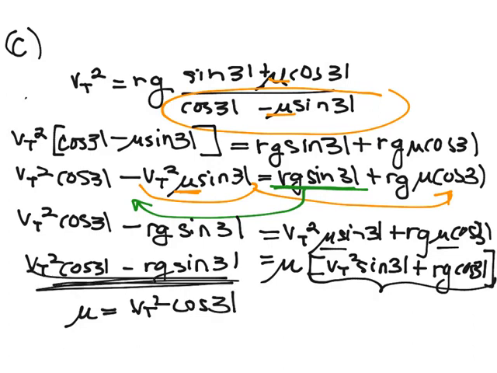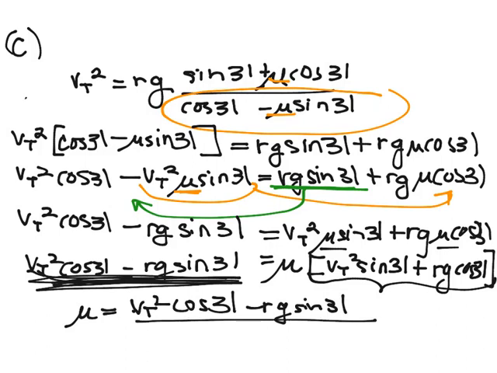What is on the left side will become our numerator, minus rg sine 31, divided by vt squared sine 31 plus rg cosine 31. I'm just taking this and dividing, so that becomes our denominator.